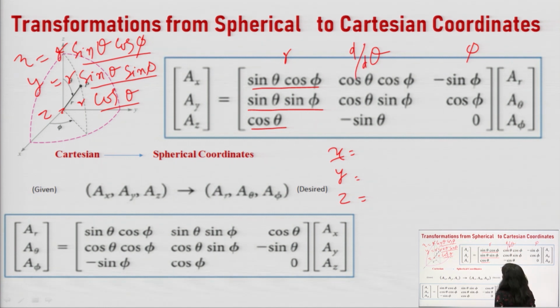If we differentiate this with respect to theta, for sin theta we will get cos theta. Cos phi will remain as it is, because for theta it will act as a constant. Similarly, we will proceed for sin theta sin phi also, and for cos theta it will be minus sin theta.